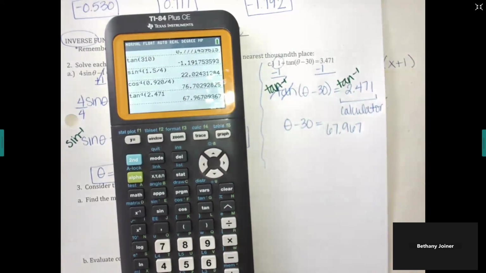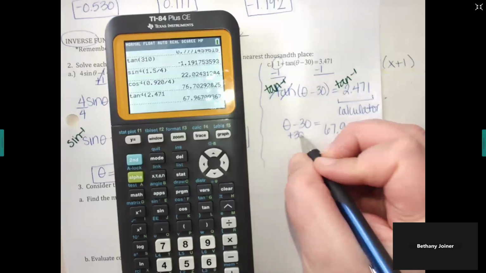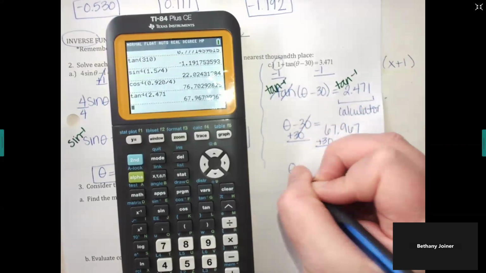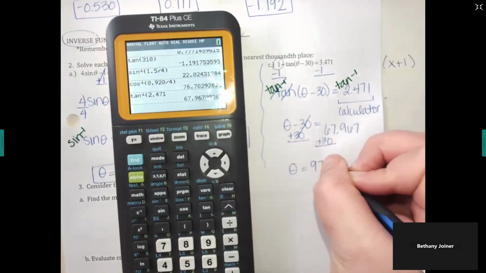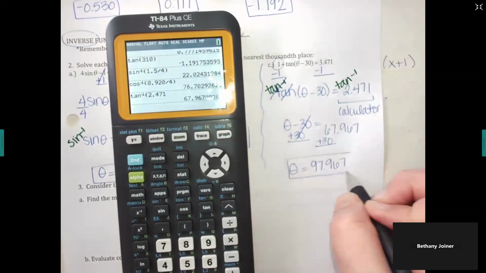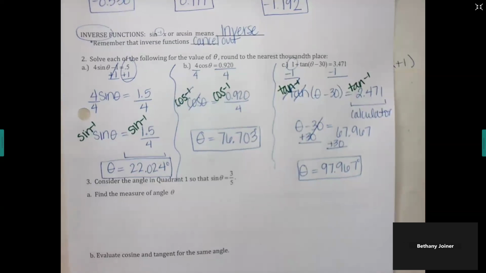Okay, cool. All right, then from there, are we done? No. Minus 30, how do we get rid of it? Plus 30. So my 67 plus 30 is going to make that 97.967. Now, out of all 3 of those angles, can you tell me which one would be considered obtuse?